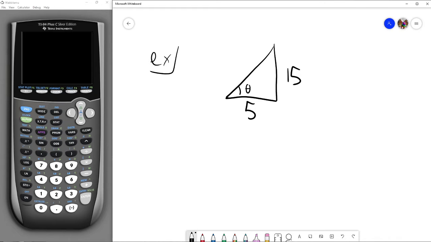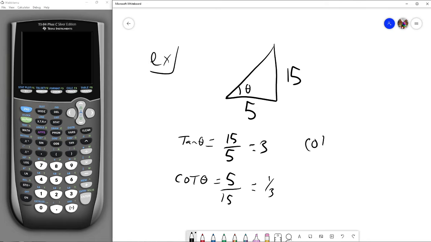If I wanted to find, say, tangent theta, we're told it's opposite over adjacent. So that's literally 15 divided by 5, which is 3. If we wanted cotangent theta, you could work it out as 5/15 and get 1/3, or you could have just remembered that cotangent theta is 1 over tangent theta, which is 1/3. Either way, you get the same thing.